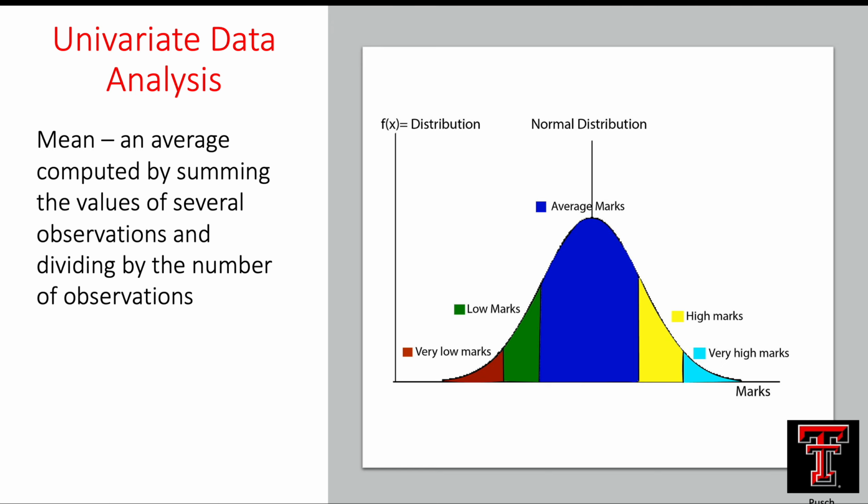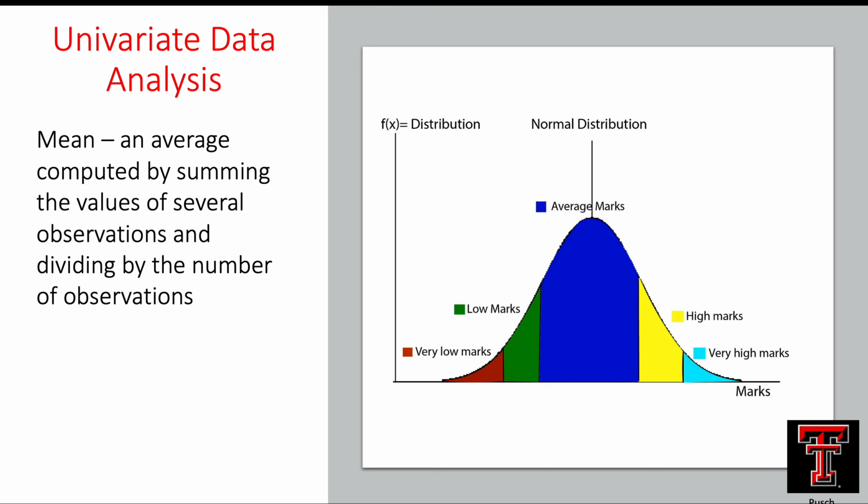Okay, so the mean. This is the average that's made by an average computation by summing the values of several observations and dividing by the number of observations. So if you have 10 respondents, you're going to add up all those responses and divide it by 10 to get the average or the mean.